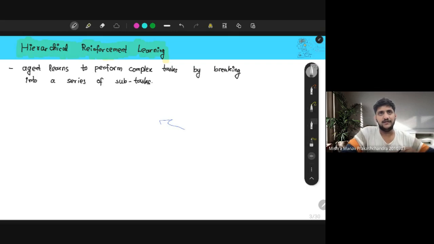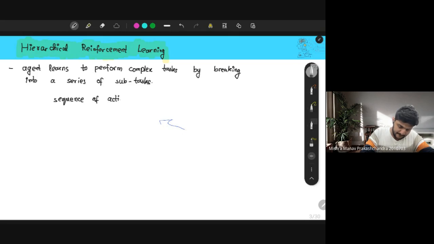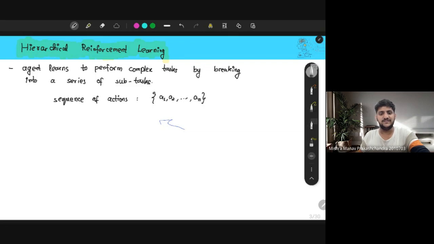If the task that we are solving is very complex, meaning if we want to perform a particular task wherein the result or the goal can only be obtained not by taking a particular action but by taking a sequence of actions in a particular order, okay. So typically a sequence of actions is needed, namely A1, A2, let's say some n number of actions you need to take in order to achieve completion. Okay.